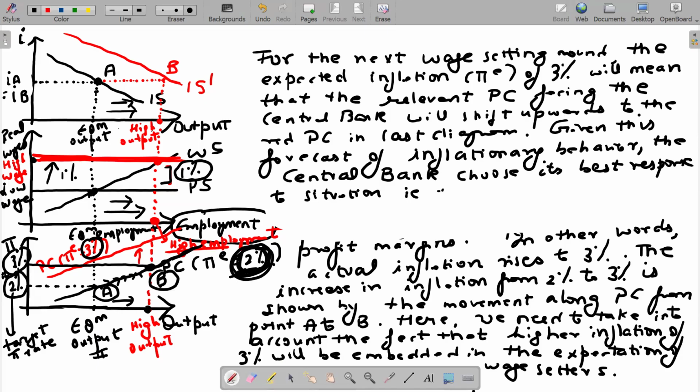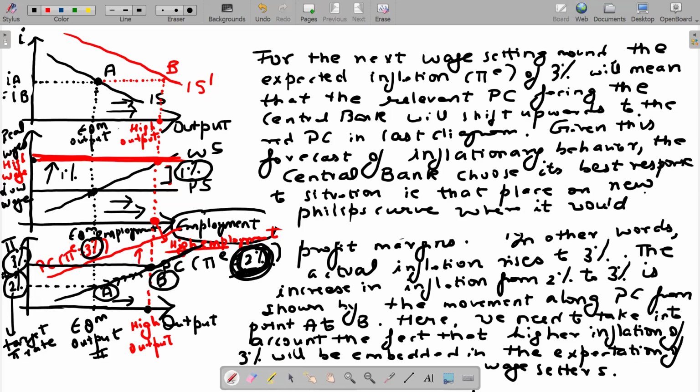That is, that place on the new Phillips curve, the new Phillips curve is the red Phillips curve, where it would like to locate.